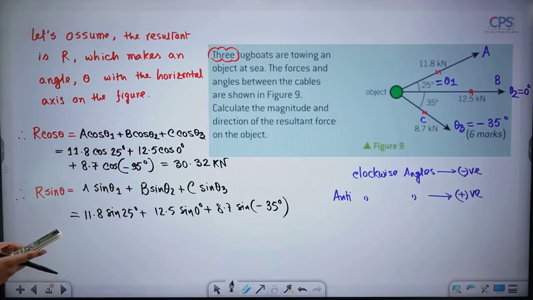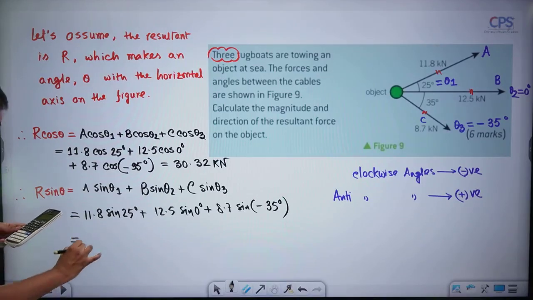So 11.8 sine, let me do that again, 25 plus sine 0 will be 0 and 8.7 sine minus 35.